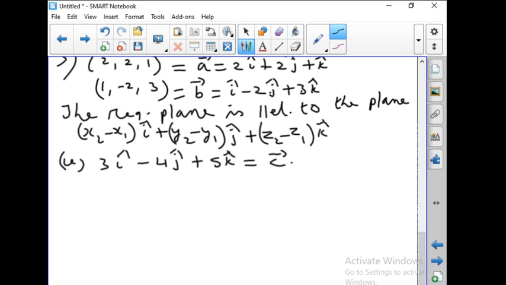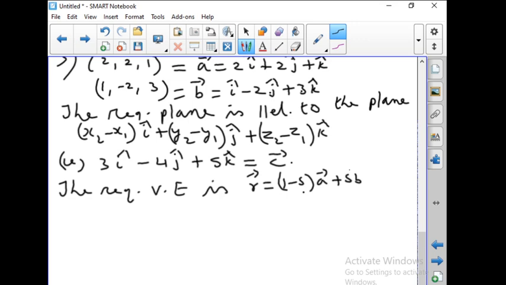So what is the equation now? What is the required vector equation? R vector is equal to (1 minus s) into A vector plus s B vector plus t C vector.